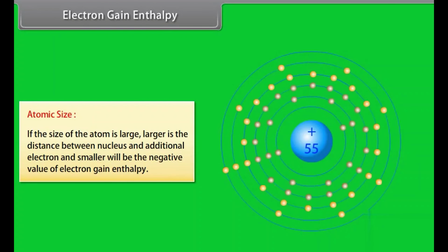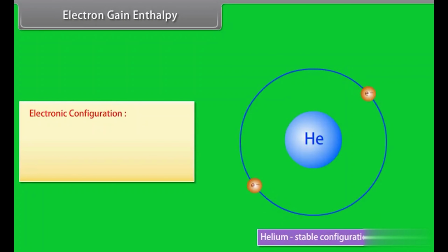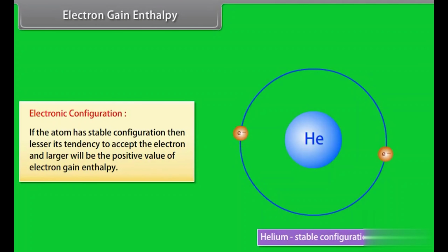If the size of the atom is large, large is the distance between nucleus and additional electron, and smaller will be the negative value of electron gain enthalpy. Electronic configuration. If the atom has stable configuration, then lesser is its tendency to accept the electron, and larger will be the positive value of electron gain enthalpy.